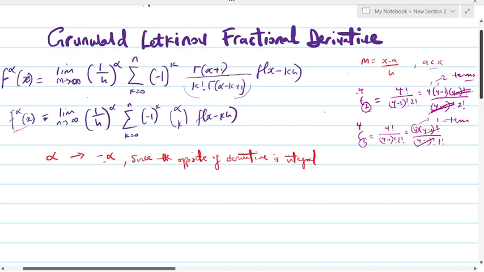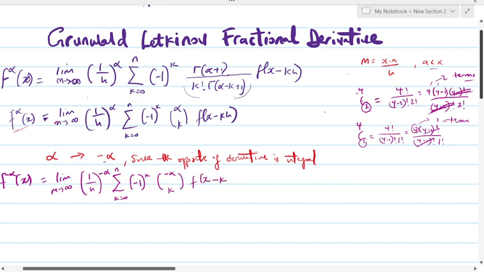So that means we are going to have the function of negative alpha of x equals the limit as m tends to infinity of the bracket 1 over h raised to power minus alpha, summation k equals 0 to n minus 1, of minus 1 raised to power k, the bracket minus alpha combination k, and f of x minus kh.